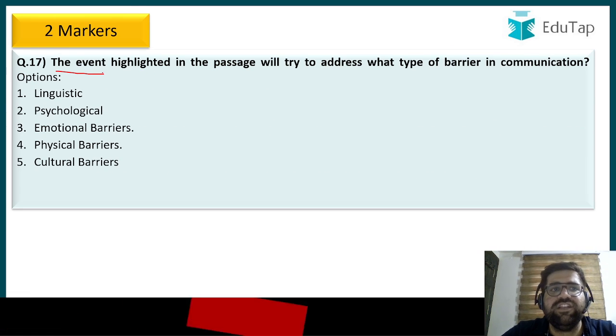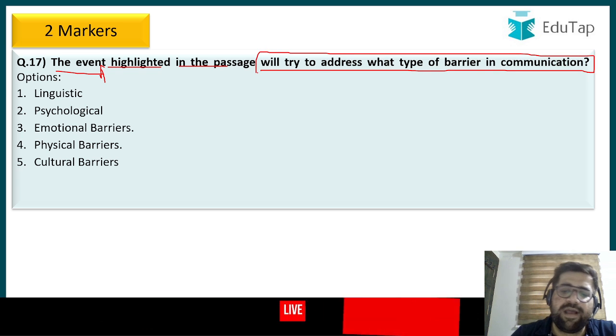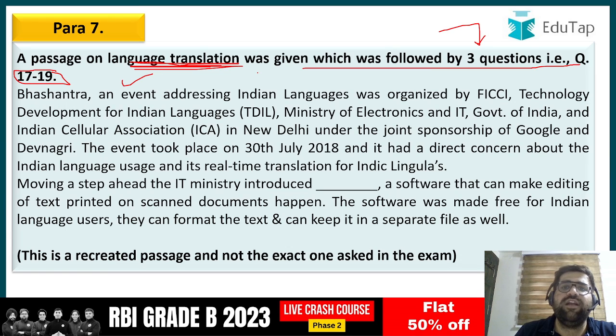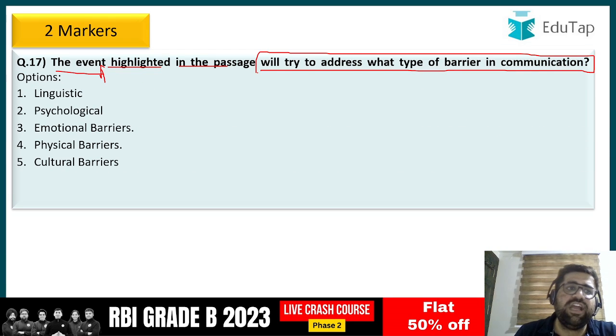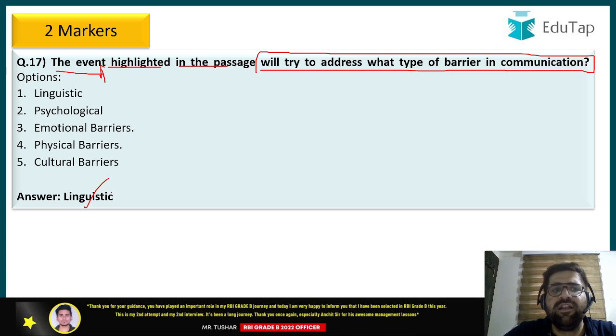The event mentioned in the highlighted passage addresses what type of barrier in communication? If you read the passage again, you can directly see that it talks about a certain type of barrier. Which type is it? It is linguistic barriers. I hope you remember that there are certain barriers that communication faces.